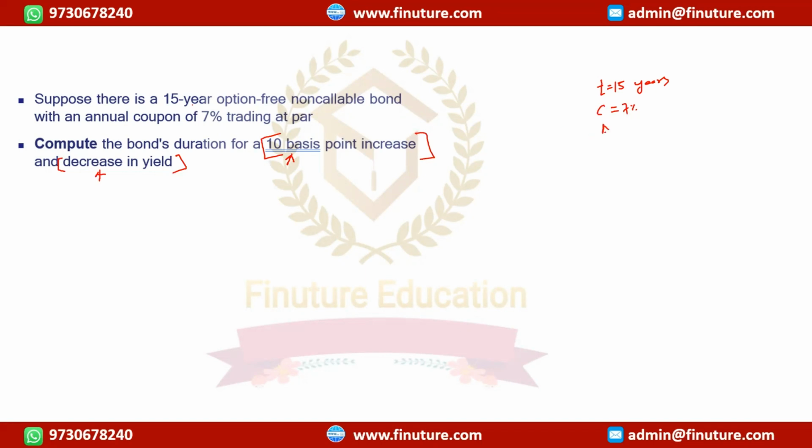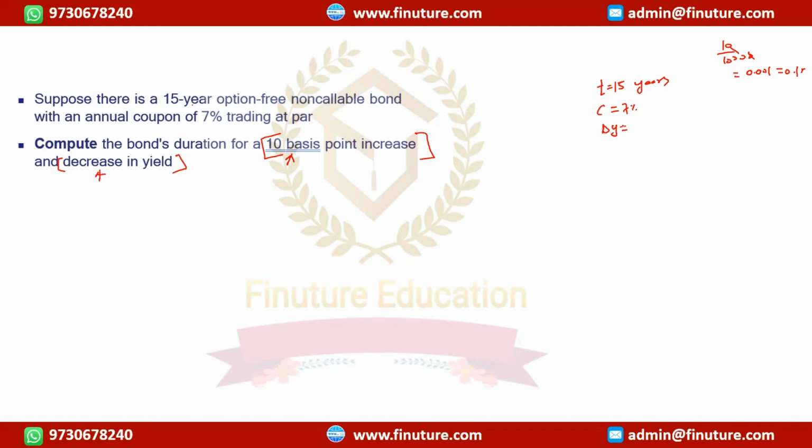So your delta y, when I say 10 basis points, is 10 over 10,000, which is 0.001. I can say that it is 0.1%.